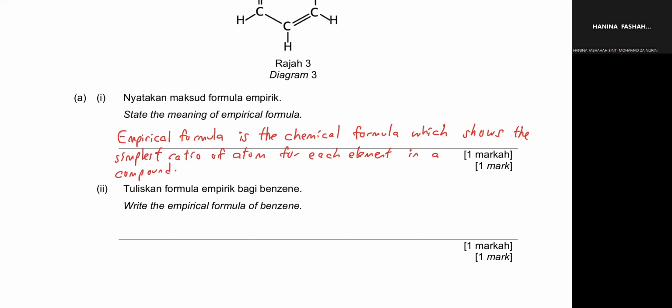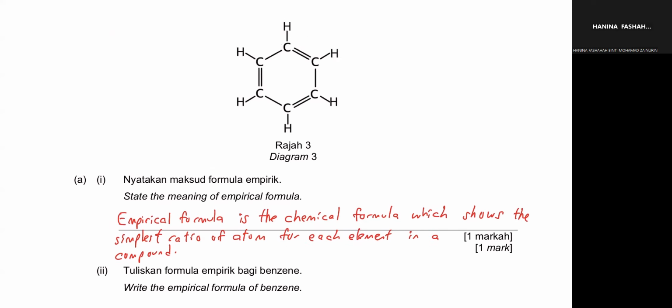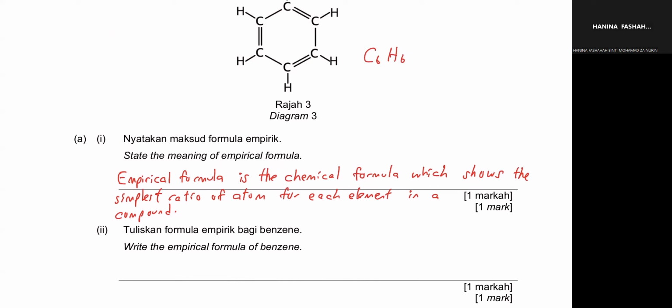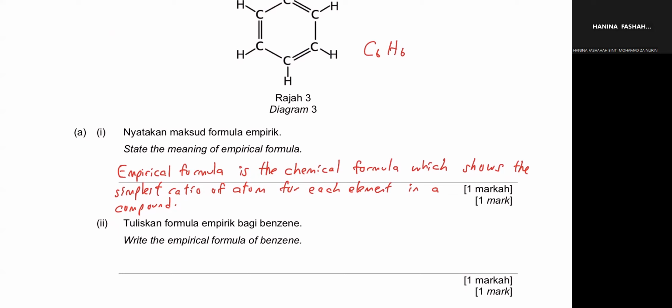Empirical formula of benzene. Now here the benzene is what? Benzene is the formula you can count out. How many? 6 C, 6 H. So the formula is C6H6. C6H6 empirical formula is the simplest ratio.